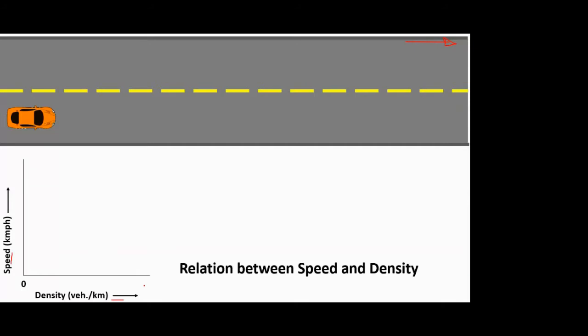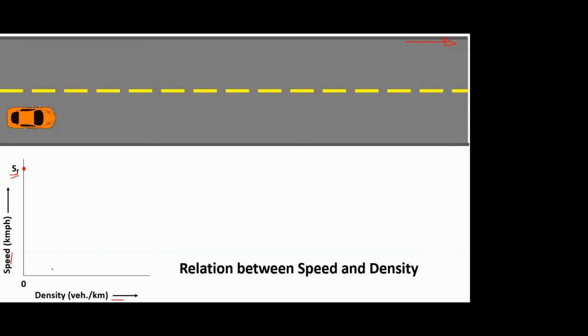The driver has no restriction, no interruption, no signals, so the driver can travel at any speed desired. That is known as the free flow speed. On the graph, the speed will be maximum, denoted here as sf.